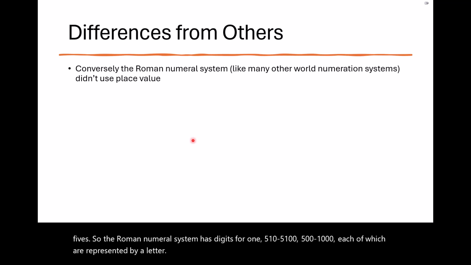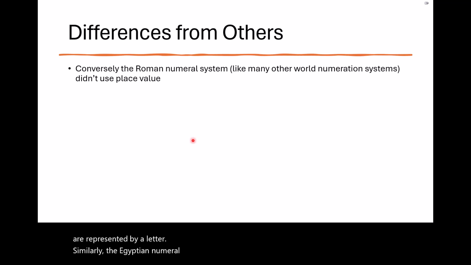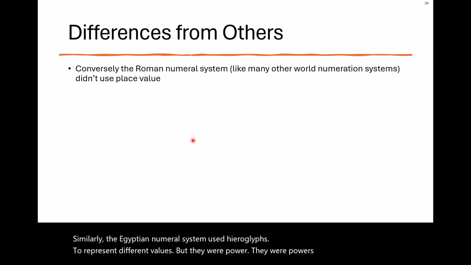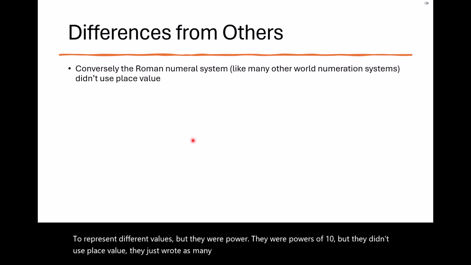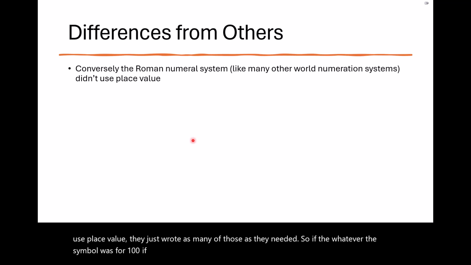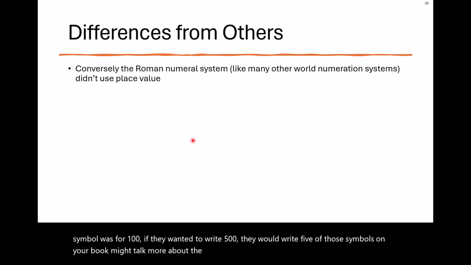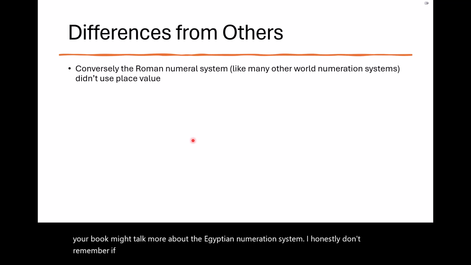Similarly, the Egyptian numeral system used hieroglyphs to represent different values, but they were powers of 10, but they didn't use place value. They just wrote as many of those as they needed. So if whatever the symbol was for 100, if they wanted to write 500, they would write 5 of those symbols. Your book might talk more about the Egyptian numeration system. I honestly don't remember if it does or not.